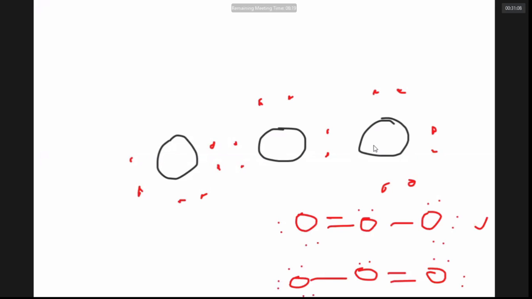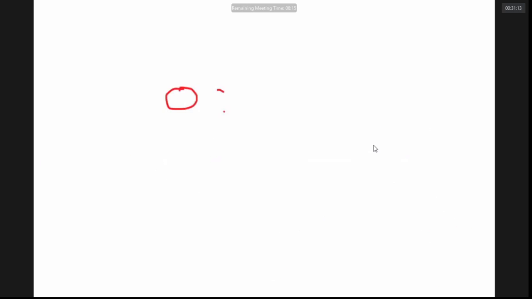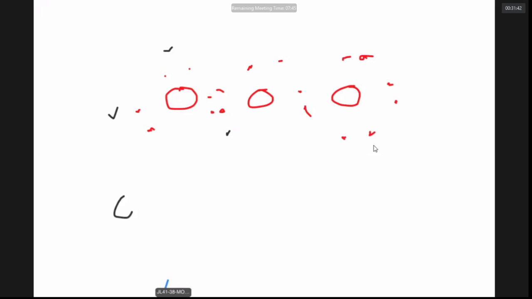Now, if you want to find the formal charge, I want to find it on each atom in this structure. You should clearly see the electron pairs. Have you noticed that it has 2 lone pairs and 2 bond pairs? Therefore, now the formal charge on the first oxygen, second oxygen, third oxygen.